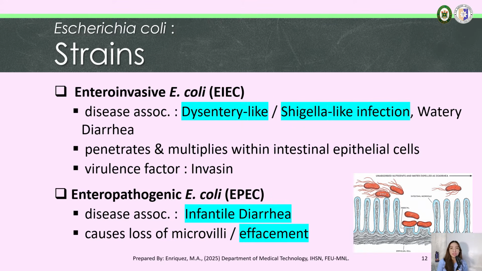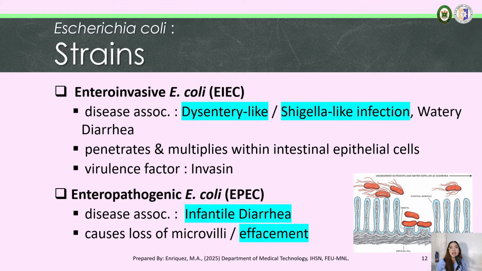All right. So the EPEC strain does not produce any toxins, but it can cause cell damage, which leads to the loss of microvilli, which is termed as effacement. All right. Ulitin po natin, the loss of microvilli or destruction to the structure of the microvilli is termed as effacement, as we can see right here in this illustration.